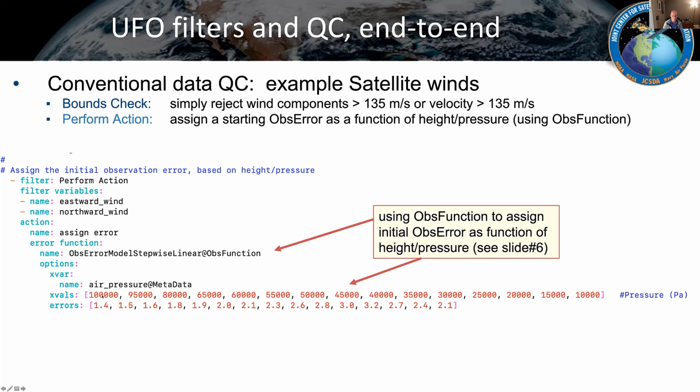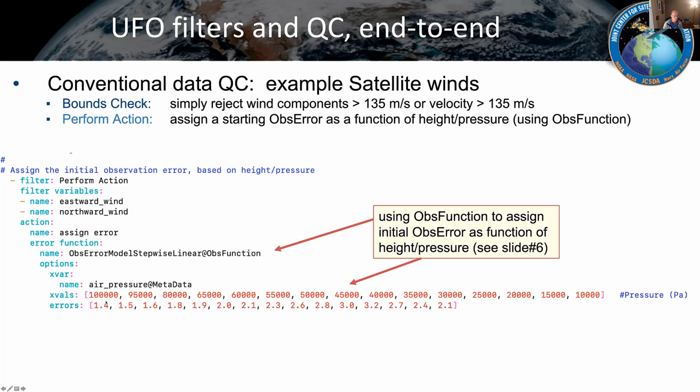This is bottom up in pressure. So it does have this nice flexibility. You don't have to have it in one order or the other. The only thing you can't do is repeat a number. You couldn't say 800 millibars twice. It's illogical to do that. And anything greater than 1,000 millibars would be holding the constant value seen in the error value.